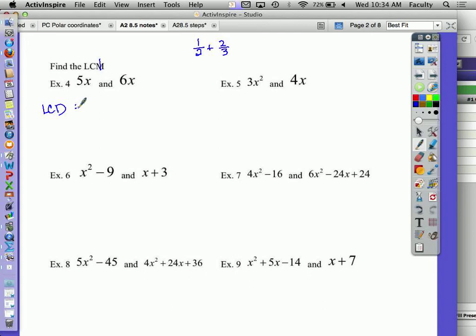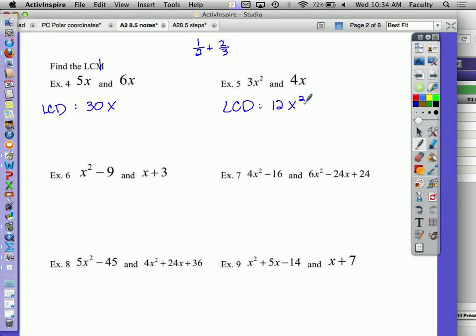So here's what you do with an LCD. You do the numbers, and then you do your letters, and you don't do the numbers and letters the same way. In example 4, 5 and 6 will be a 30, and they both have an x. We don't need x squared. In example 5, 3 and 4 will be 12, and then there's an x and an x squared. On the variable, you take the higher exponent.